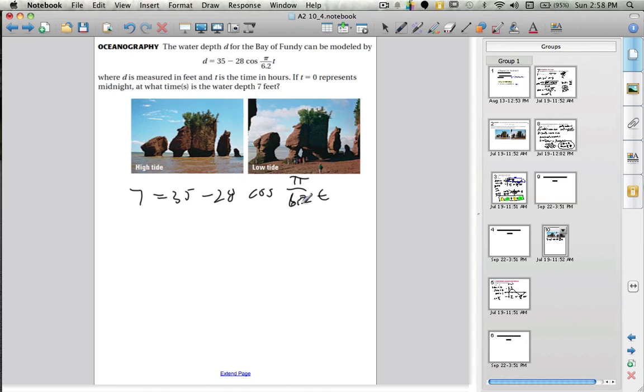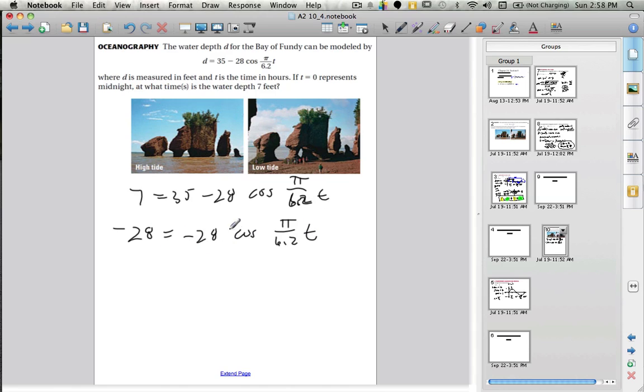Terrible handwriting. Right, and the first thing I'm going to want to do is subtract 35. So I'll get negative 28 is equal to negative 28 times cosine of pi divided by 6.2 times t.